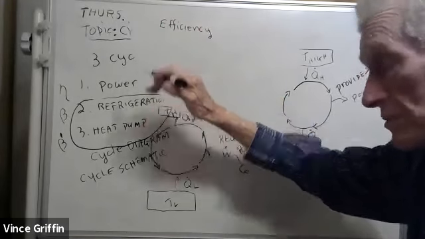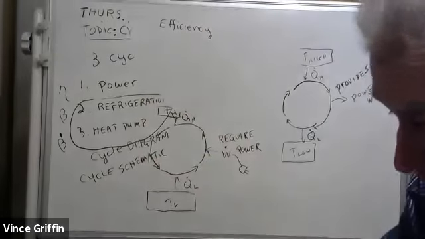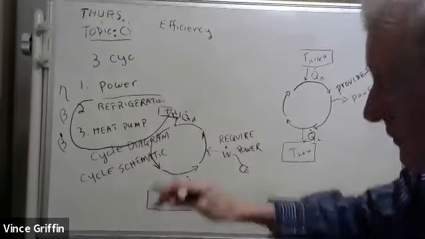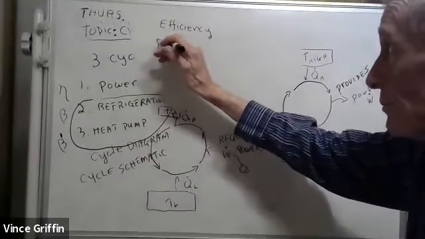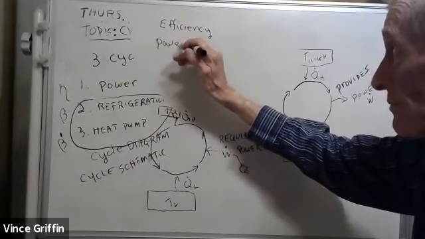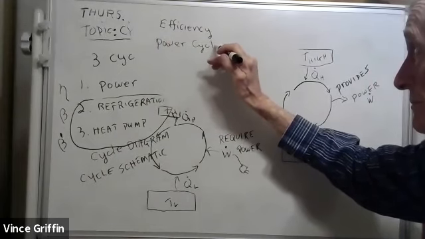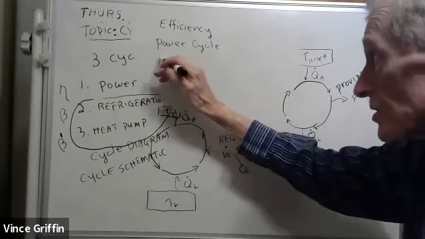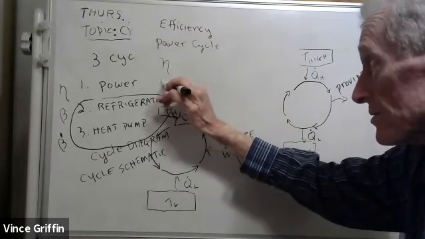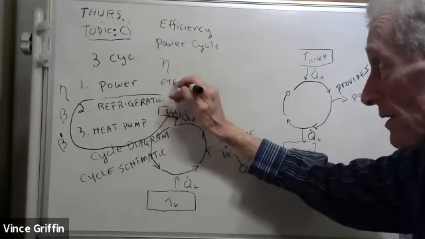Now, power cycles, the other name for a power cycle is a heat engine. But power cycles have efficiency. They use a Greek letter eta.